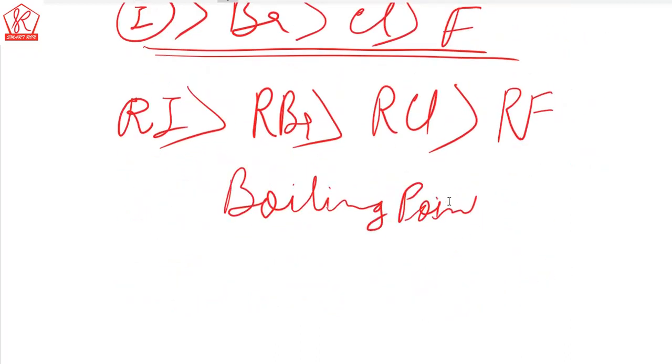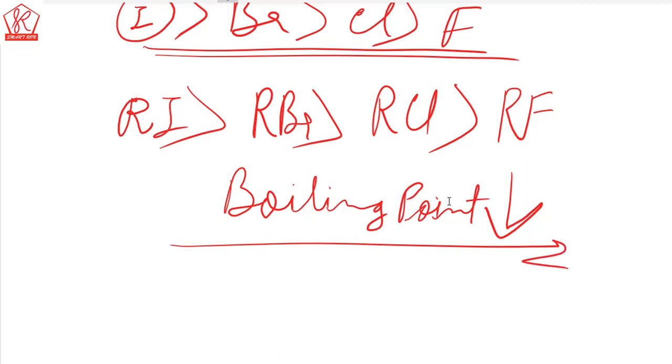So boiling point decreases this way and increases this way. So as the size of the atom increases or the molecular mass increases, the boiling point also increases with that.